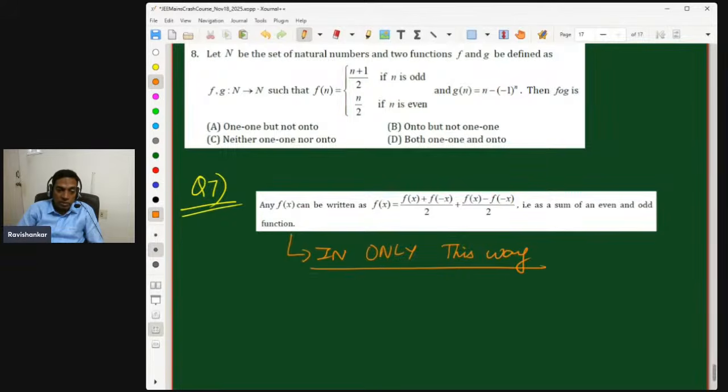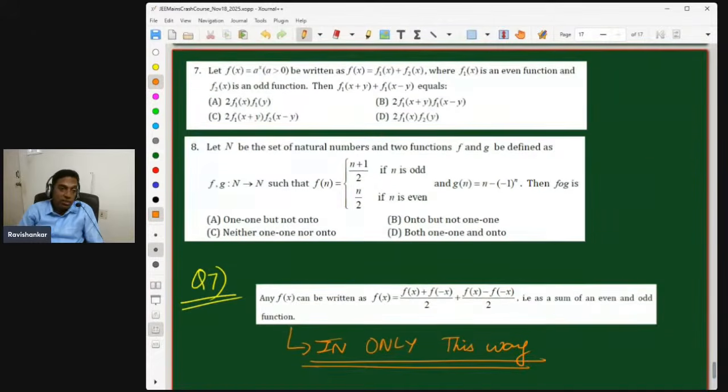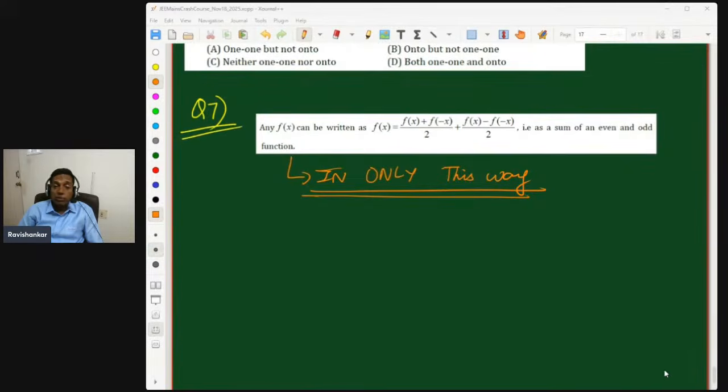That means there is only this one way of writing it as a sum of an even and odd function. And why is that important? Because here you are told that f of x is f1 plus f2, where f1 is even and f2 is odd. If there are multiple ways, how do you know which f1, which f2? And that is the proof.